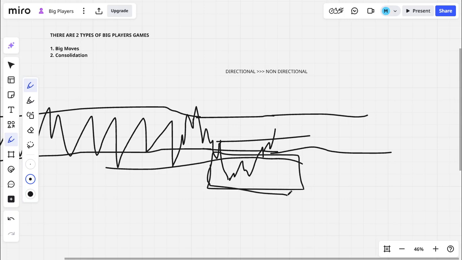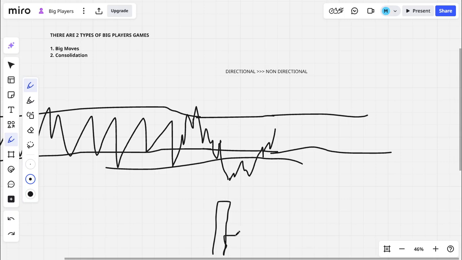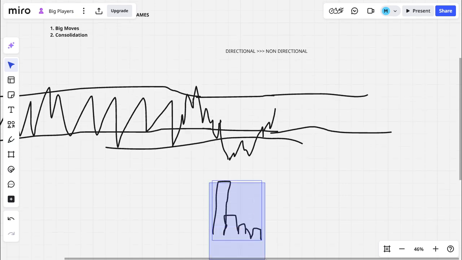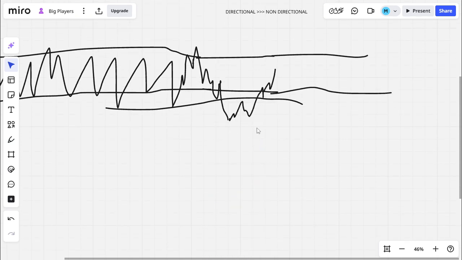Okay, now what happened over here? The game down here matters the most. Now how will you come to know what happened over here? You have the volume. If here the volume is decreasing, and then you see the volume decreasing, it is an indication that the big players have already accumulated their orders. They have already got their orders, and now they are not trying to get some more orders.